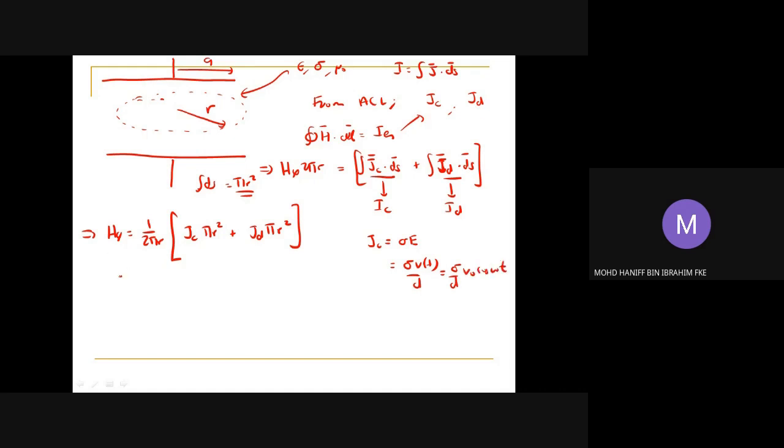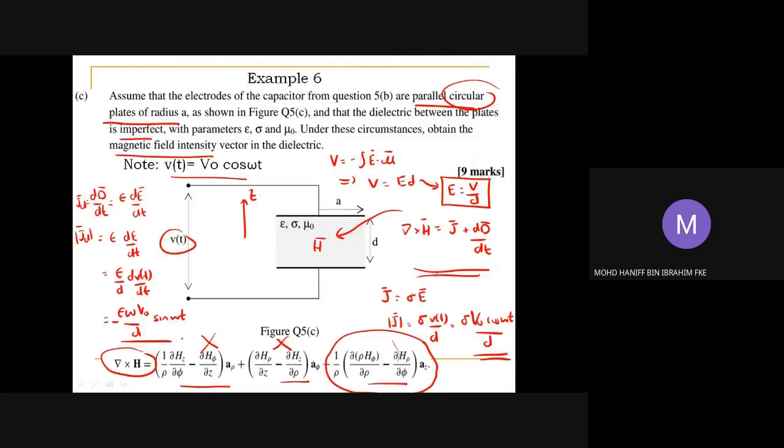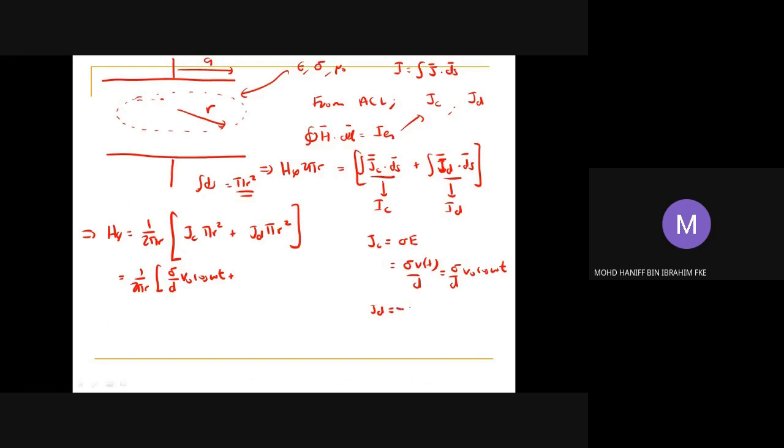So we have 1 over 2 pi r, sigma over d V naught cos omega t, plus the JD, which, based on the previous slide, equals negative omega epsilon V naught divided by d, sine omega t.